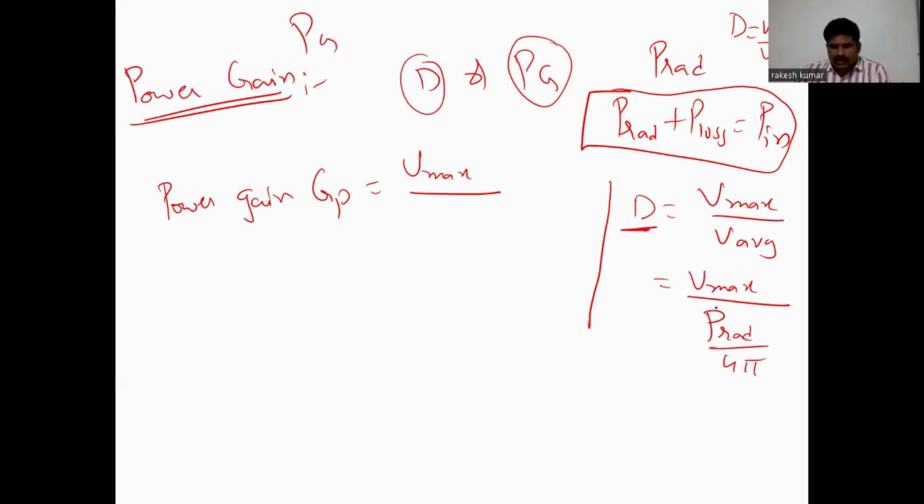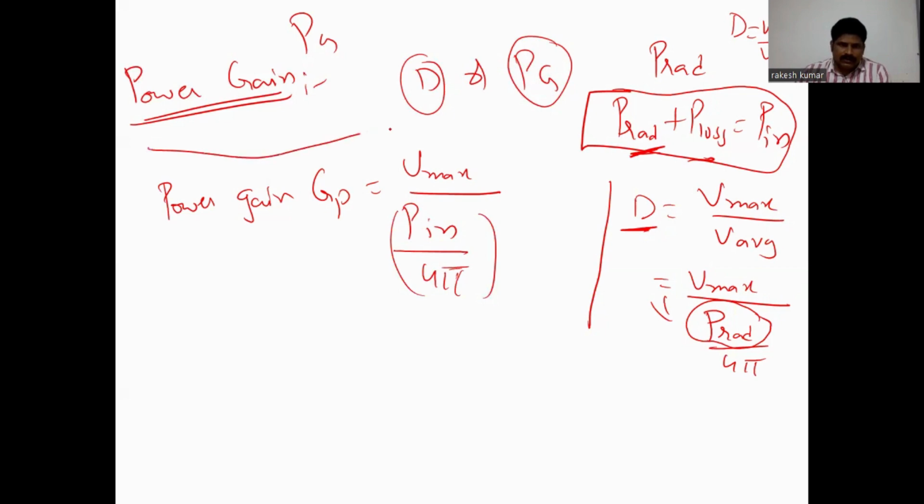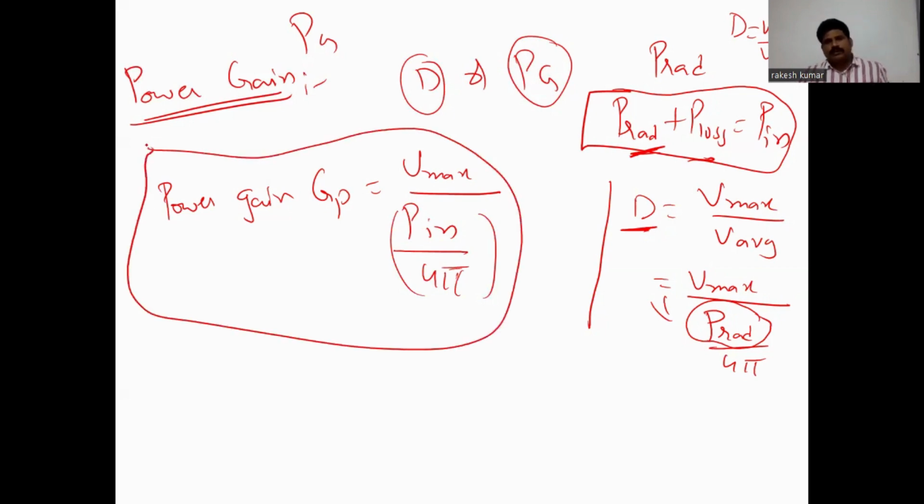In directivity, we are considering only the P radiated, but in power gain, instead of this P radiated, consider both P radiated and P loss. So the formula is P input by 4 pi. This is the basic difference between directivity and power gain.